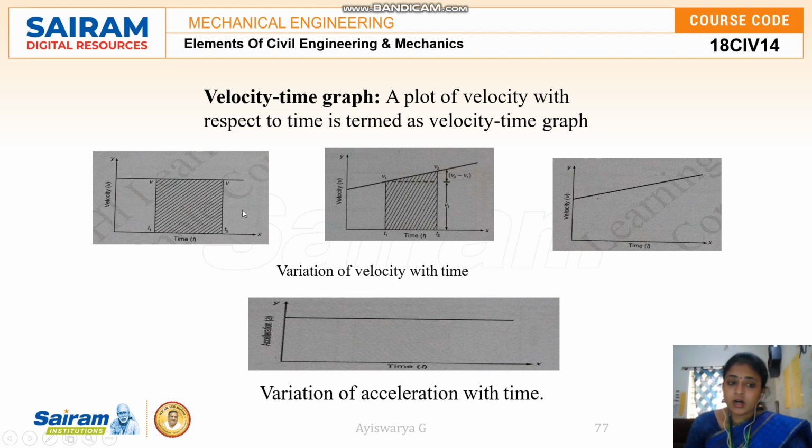For two instances of time, you have to calculate v2 minus v1, that is, subtract it. These are the things to be noted in the velocity time graph.